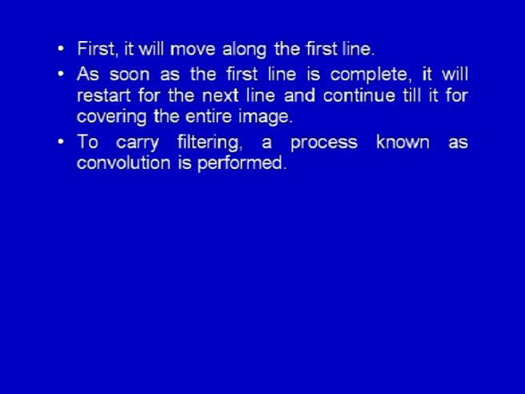First, it will move along the first line. As soon as the first line is complete, it will restart for the second line and continue till it covers the entire image. To carry out filtering, a process known as convolution is performed. So, what is convolution?